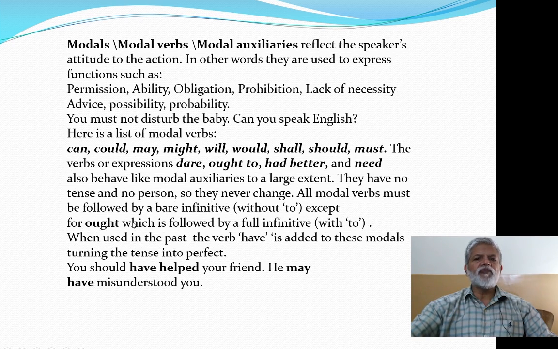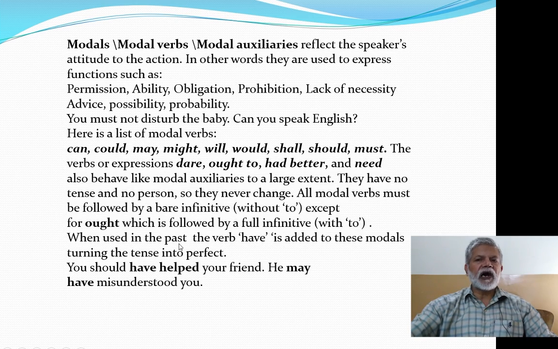All modal verbs must be followed by a bare infinitive. Bare infinitive is used with most of these modal verbs. Bare infinitive means infinitive without to, except for ought. Ought is used with full infinitive, which means infinitive with to.